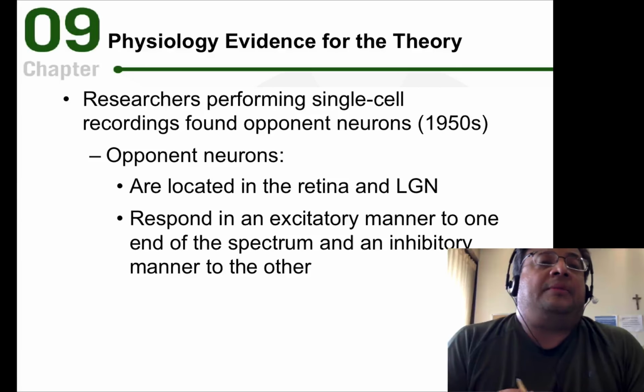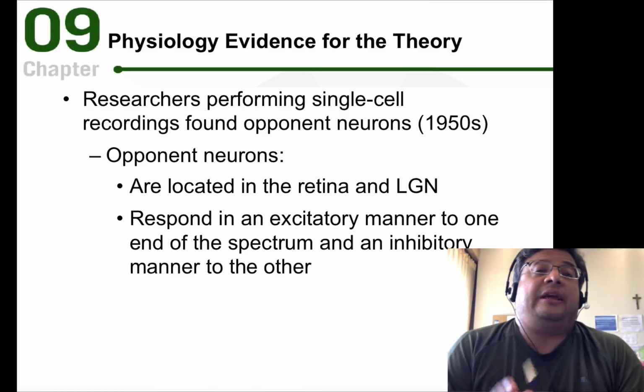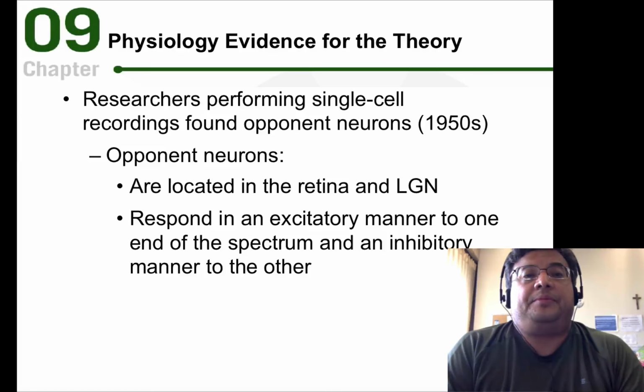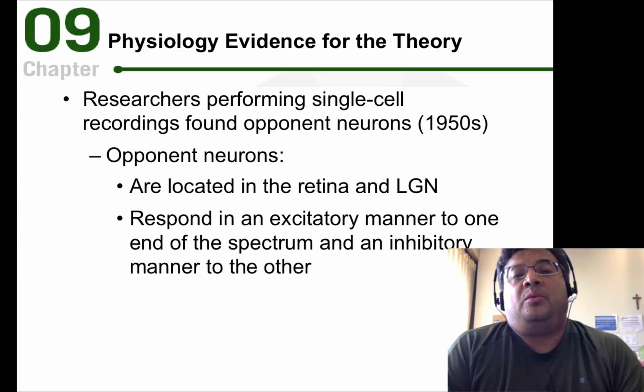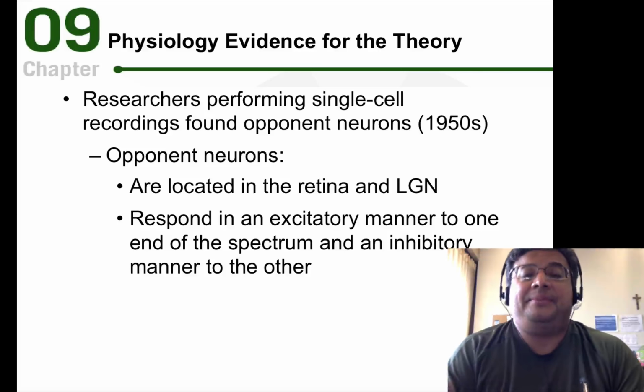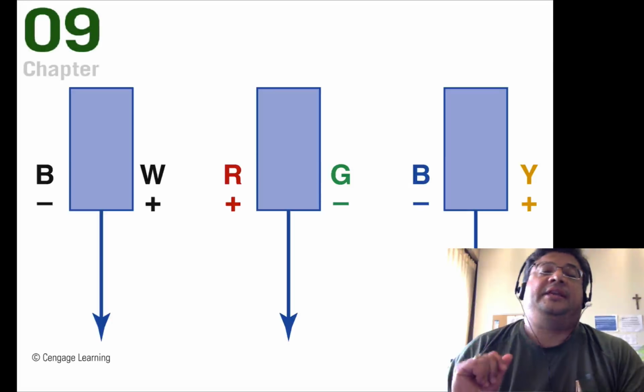There is actually quite a bit of physiological evidence for the theory of opponent process. Back in the 1950s, we were able to identify opponent neurons. In other words, neurons that seemed to behave like this.